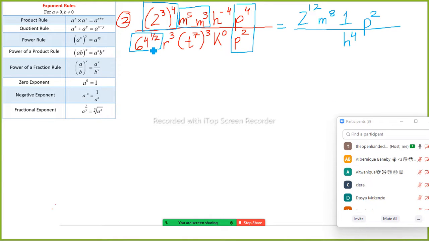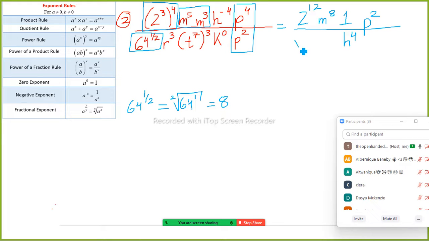What do we do with 64 to the power of a half? What do we change that into? Square root. Excellent. The square root of 64, very good, to the power of 1, which is what? 8.